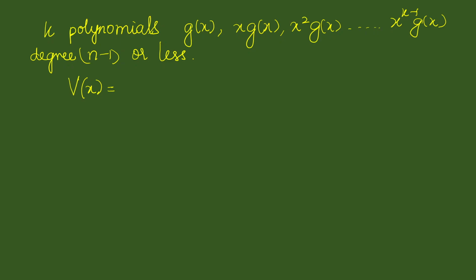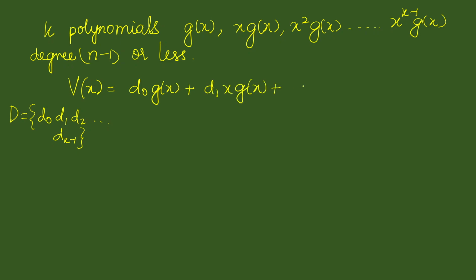Let us suppose I have a data sequence d0, d1, d2, and so on up to d of k minus 1. In that case, using d0 to dk minus 1 as the coefficients, I can multiply these k polynomials by the data coefficients, that is d0 into g of x plus d1 into x g of x plus d2 into x square into g of x, and so on.